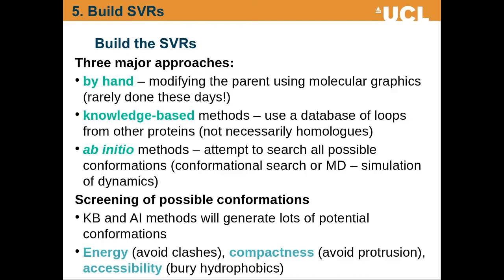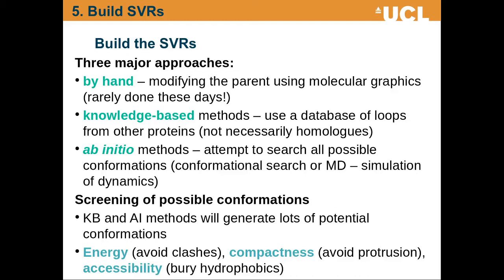You make sure that it's the right length. You might look at the secondary structure of the adjoining regions and only choose a loop that connects the same types of secondary structure, for example 2 beta strands. You might also look at sequence similarity, and you might also look at making sure that there are no clashes with the rest of the structure.